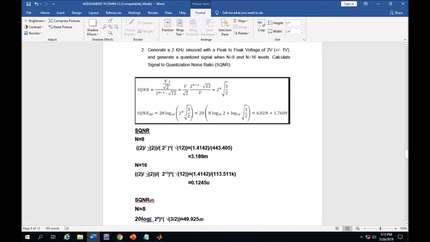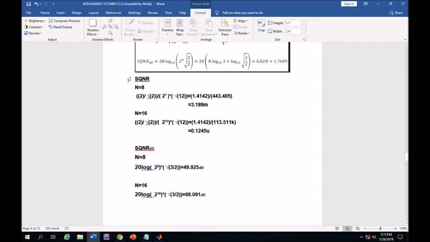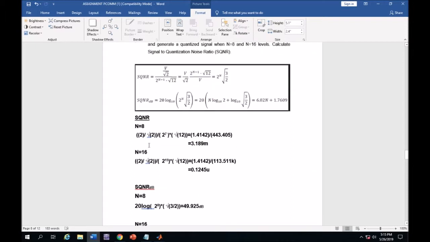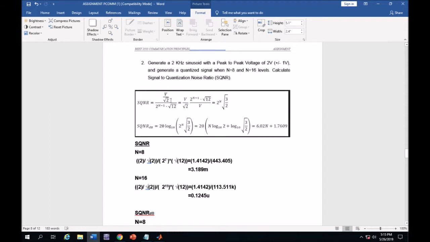The formula is (Vpp/√2) divided by (2^n − 1) multiply by √12, equal (Vpp/√2) multiply by (2^n − 1) multiply by √12 over V, equal to 2^n √3/2. Okay, this answer I already substitute from this formula. Okay, for peak to peak voltage already given 2 volt.